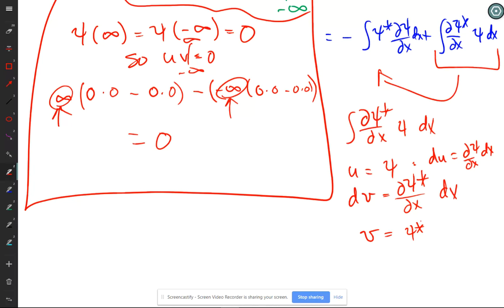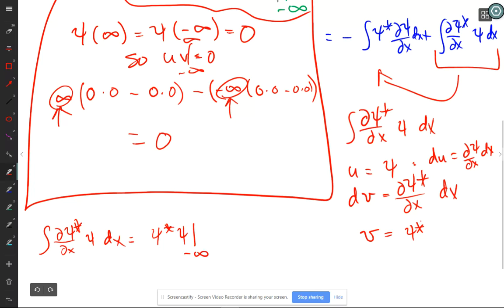And so doing the integration by parts, integral of d psi star dx psi dx must be equal to psi star psi evaluated from minus infinity to plus infinity, minus integral of psi star d psi dx dx.